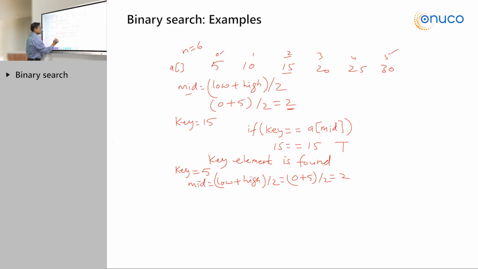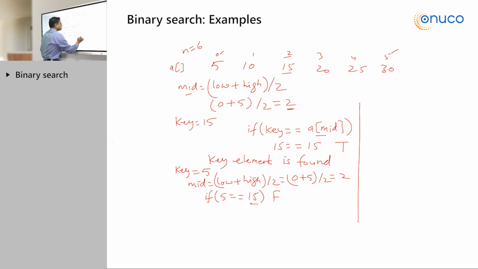Now we are going to compare. Is key element 5 equal to A of 2, which is 15? Is 5 equal to 15? No. False. If it is false, it means that either key element is lesser than A of mid, or key element is greater than A of mid.